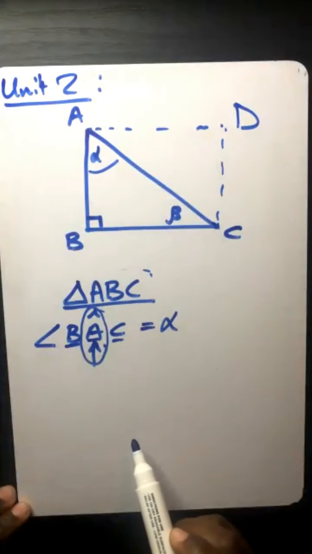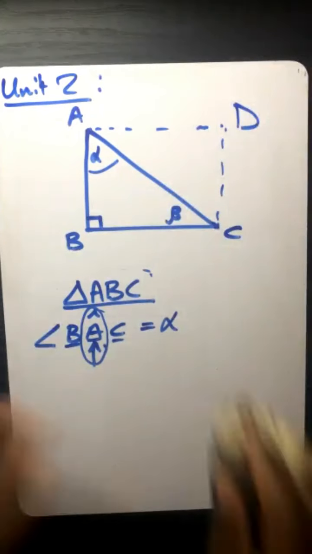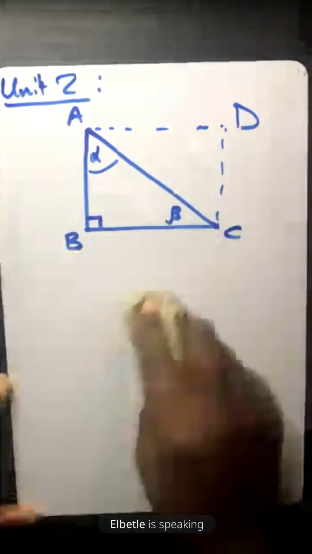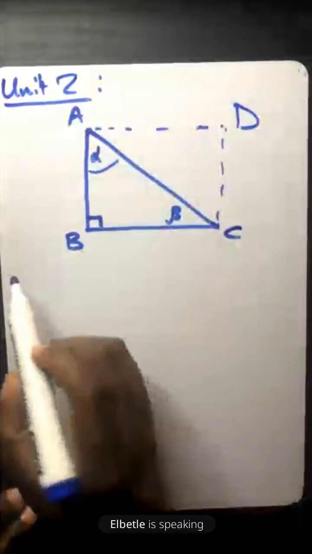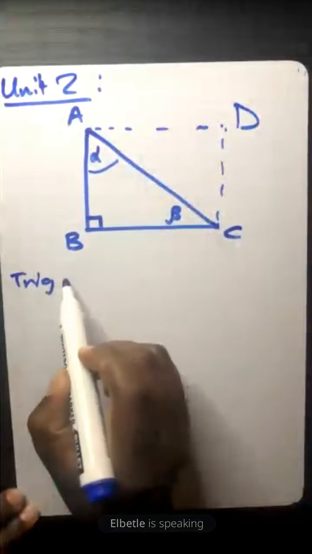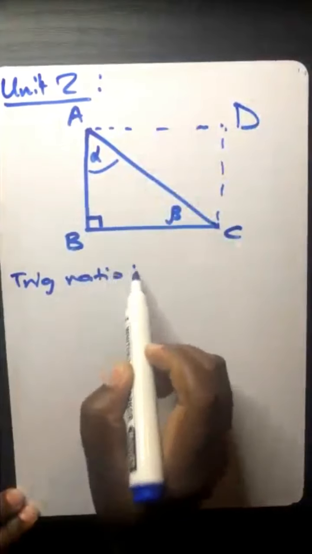So obviously, we know what the trig ratios are. Do you know what the trig ratios are, LB? Yes, sir. What are those? Sine, cos, and tan. So these are what we call trig ratios.